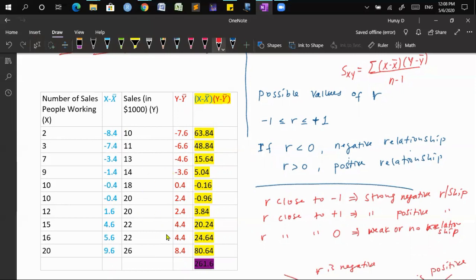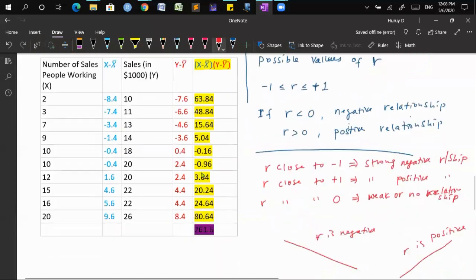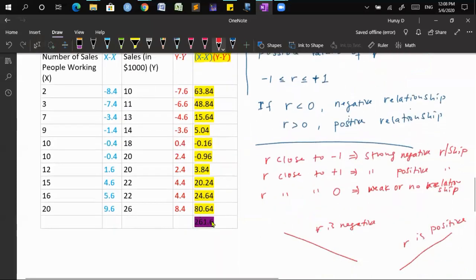Once you do all of that, you add them up. Obviously, you will get some negative values. In this case, we have two negative values because this is negative and this is positive, so the product is negative, and we have another one, again negative, but the rest are all positive. And here the sum is 261.6.